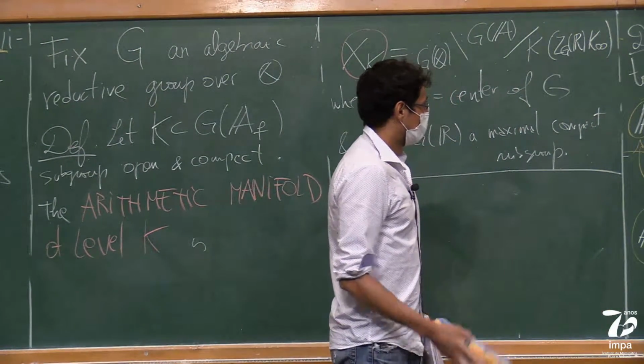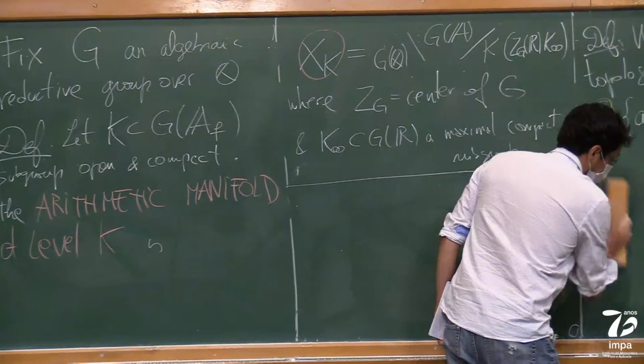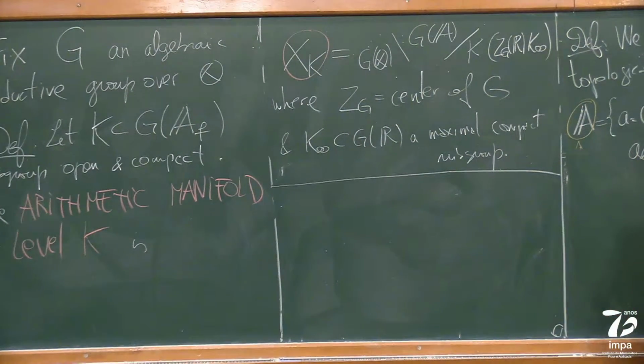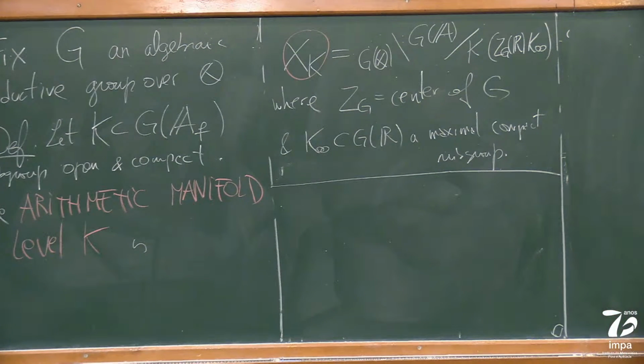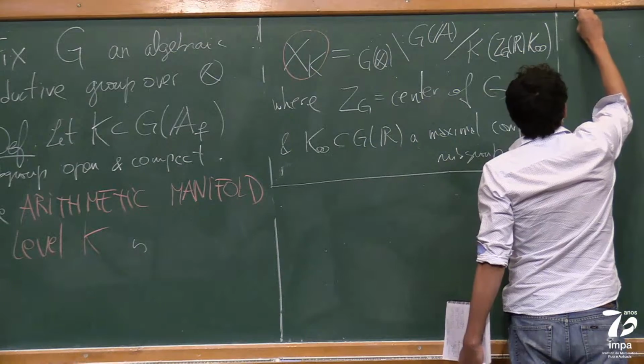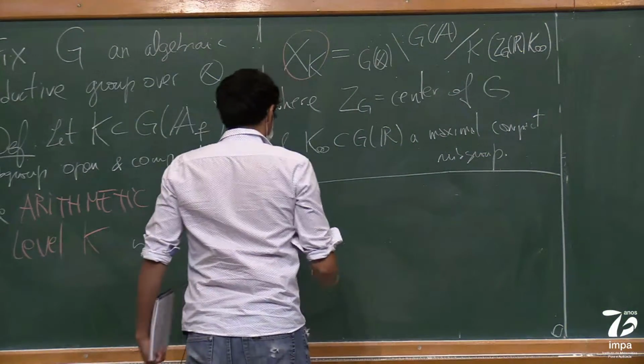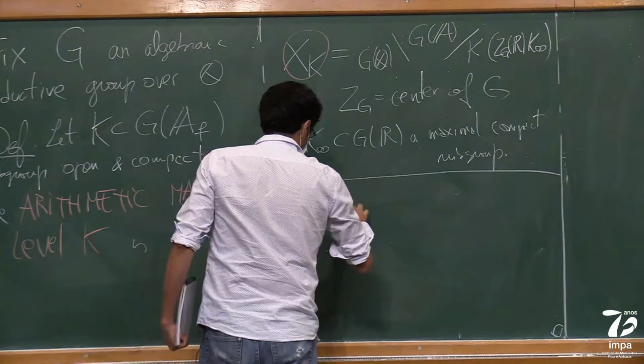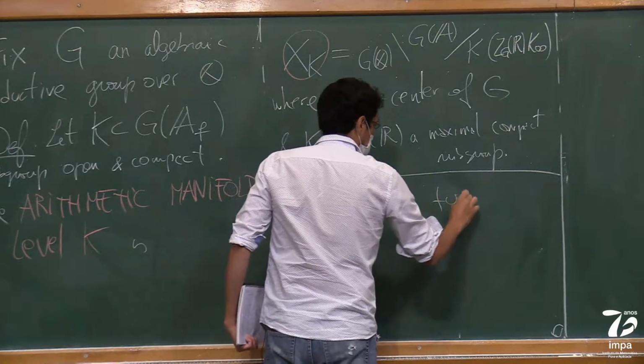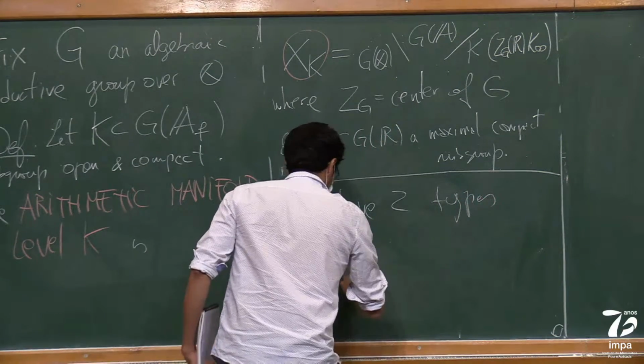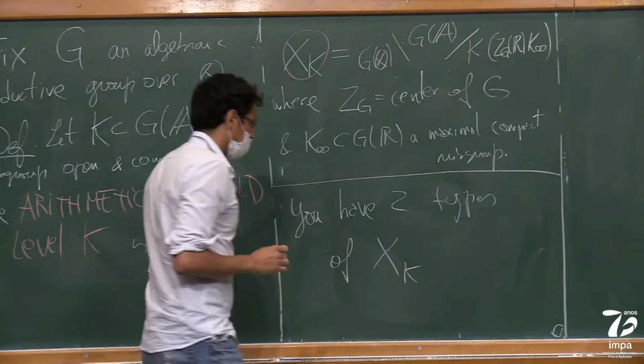Let me explain a little bit what you can do with them, or some division that you have between those. So you have two types of these arithmetic manifolds, okay?